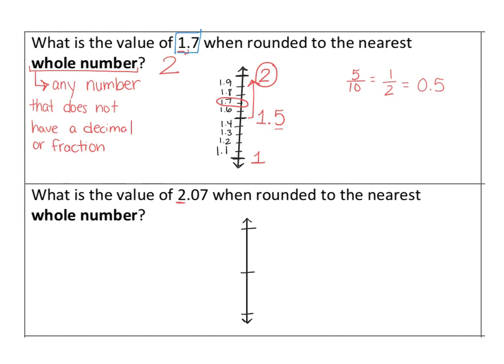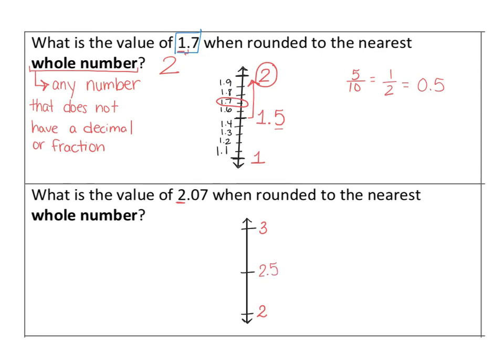So if the number that we're looking at is 2 7/100, we know our whole number is either going to round down to 2 or round up to, what's 1 more than 2? 3. Now our midpoint, what is halfway between 2 and 3? 2.5.